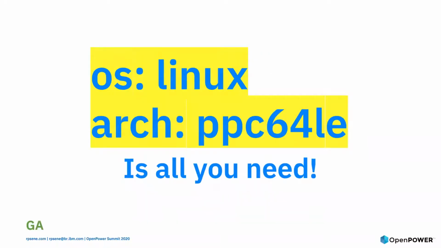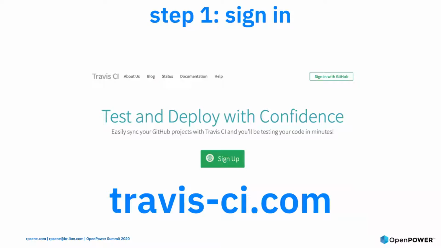Essentially, you need to set that you want to build on Linux, and that you want to build on the PPC64LE architecture. If you set this as part of your Travis YAML configuration, your build will run on Power without any problem. And how can you do that?